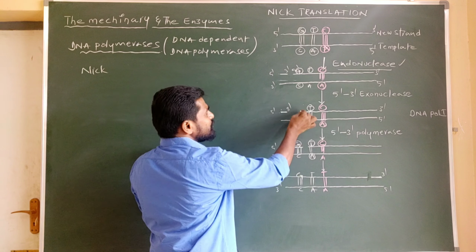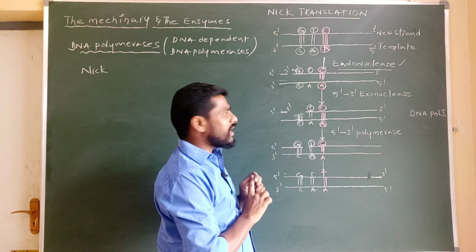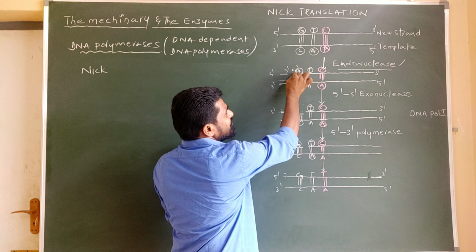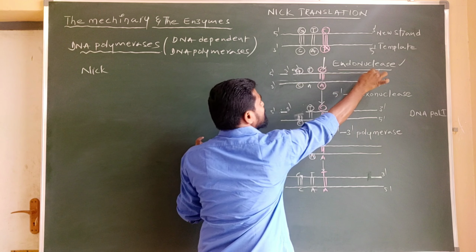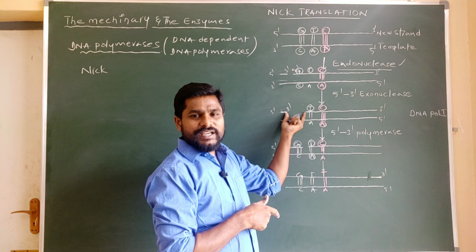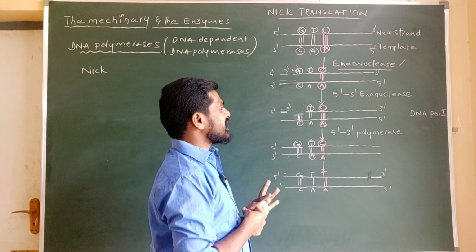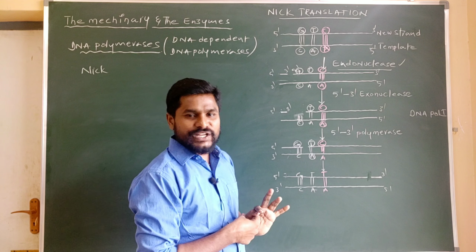So what does it remove first? Guanosine monophosphate nucleotide, from 5' to 3' direction, so that it widens the nick further. This is the function of 5' to 3' exonuclease activity in nick translation.